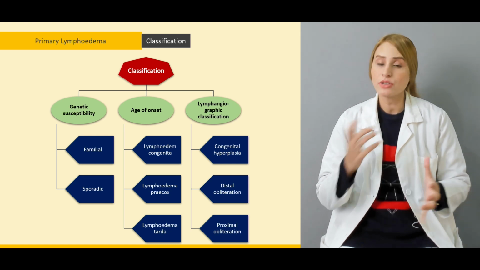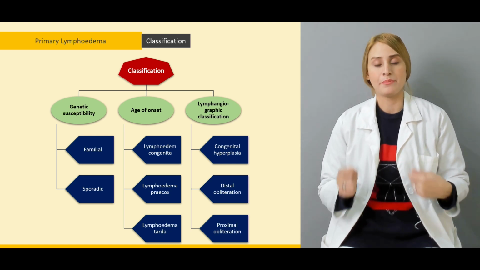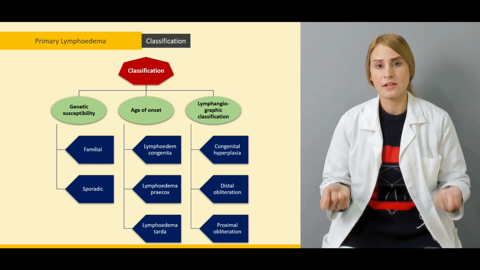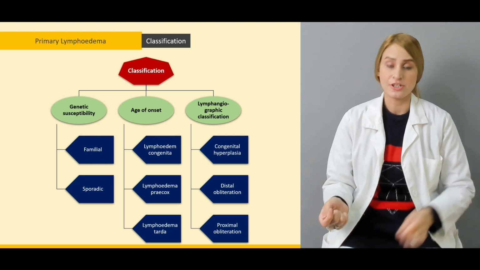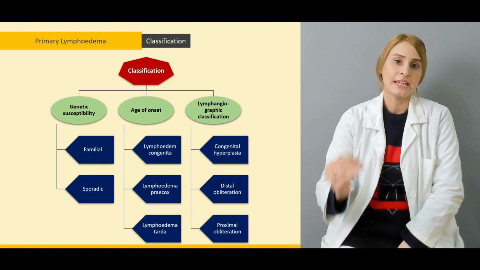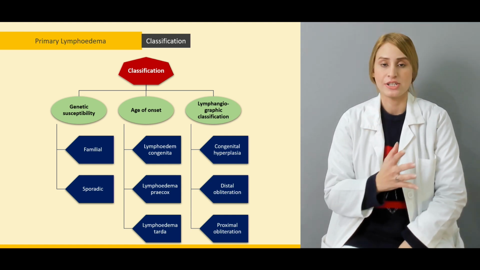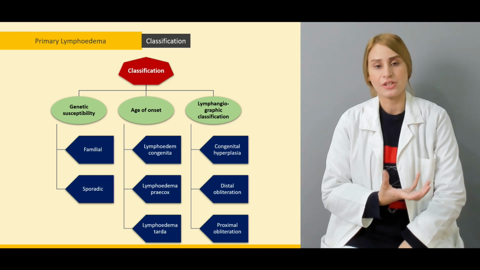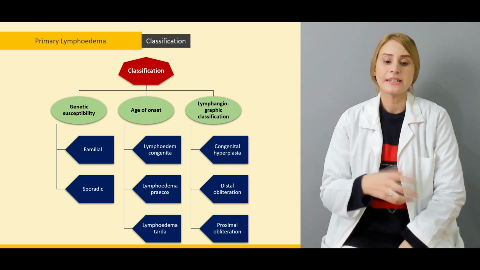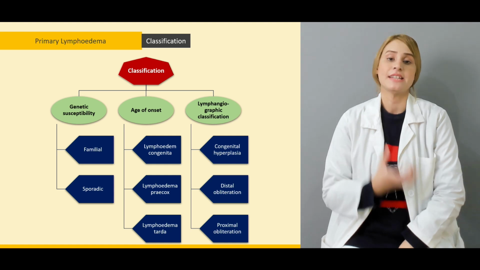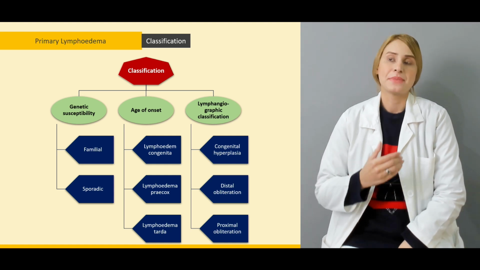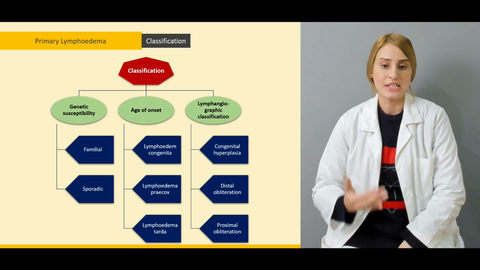It's more common in females of age 2 to 35 years, and more commonly at the age of menarche or in obese patients. And there's another condition called tarda, in which the age of onset is greater than 50 years.